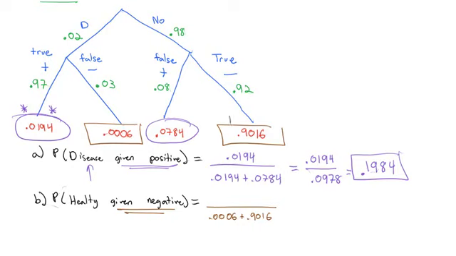And if I track don't have the disease, that's the 0.9016 option. So when we add those together, we get 0.9016 over 0.9022, which means we got a 0.9993 chance that we're healthy, given that negative test result.